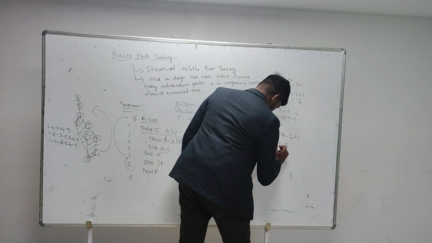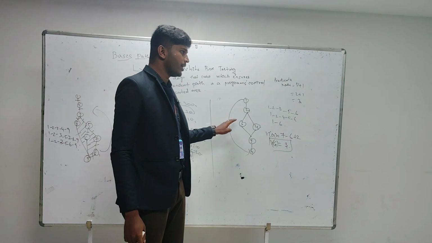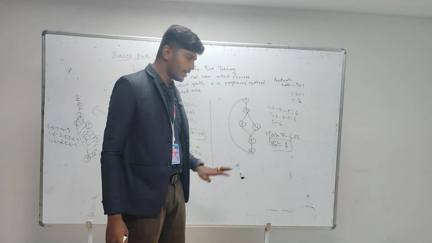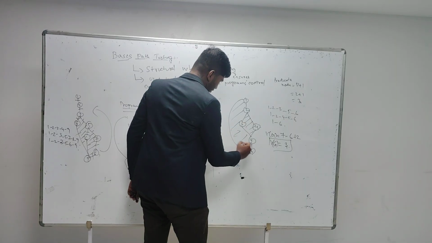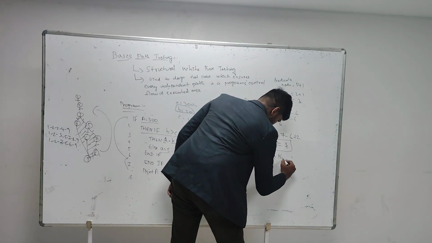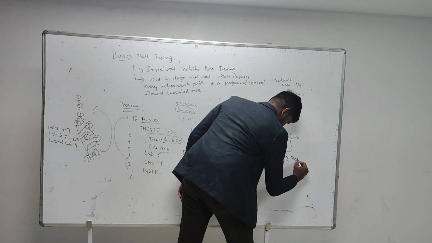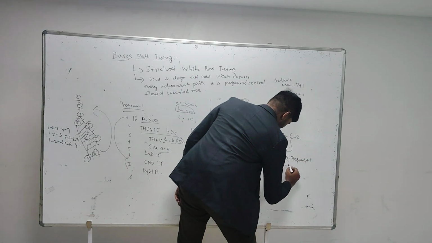So V of G is 3. Now you have to find out how many regions are enclosed. One region and another outer region. So V of G is equal to number of regions plus 1. So 2 plus 1 is 3.